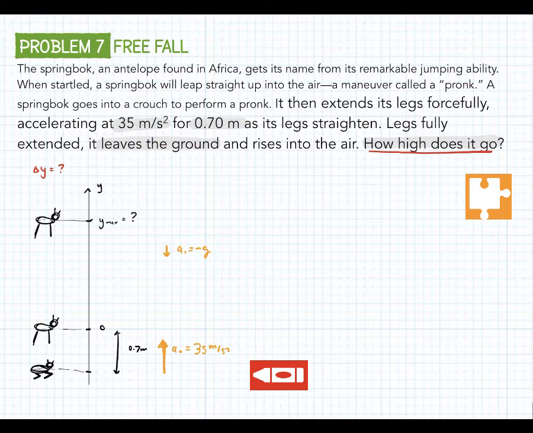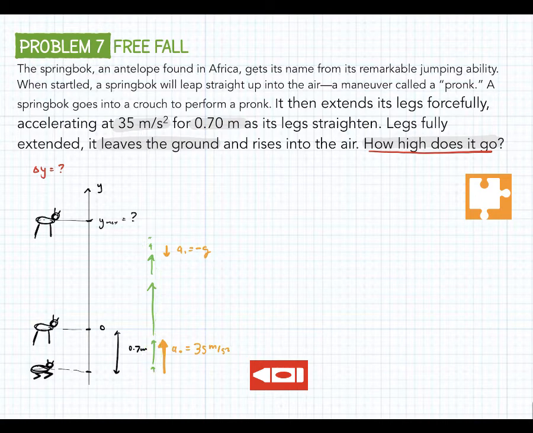Essentially, if you look at the velocity, we're going from a 0 velocity to a small velocity to a much bigger velocity because it's accelerating quickly. And then as we're going up, we're going from a big velocity to smaller and smaller velocities until it stops. So here we're speeding up, here we're slowing down.